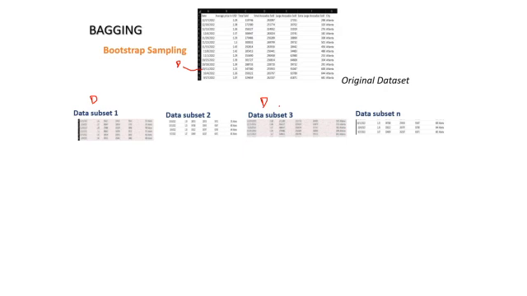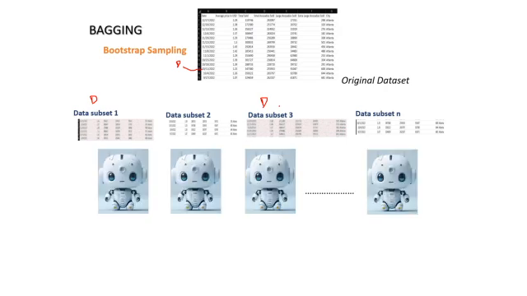Now each of these subsets will be fed to learners. These are the weak learners. There are n learners, therefore n subsets of data are made. They will be trained in parallel, and after they are trained, when we make a prediction, we take the predictions from each of these models.